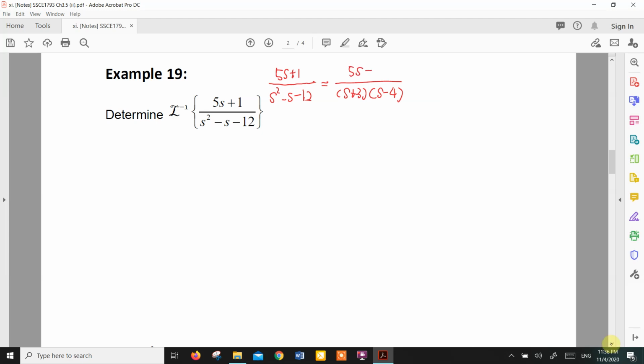This is 5s plus 1. So it is equal to A over s plus 3 plus B over s minus 4.